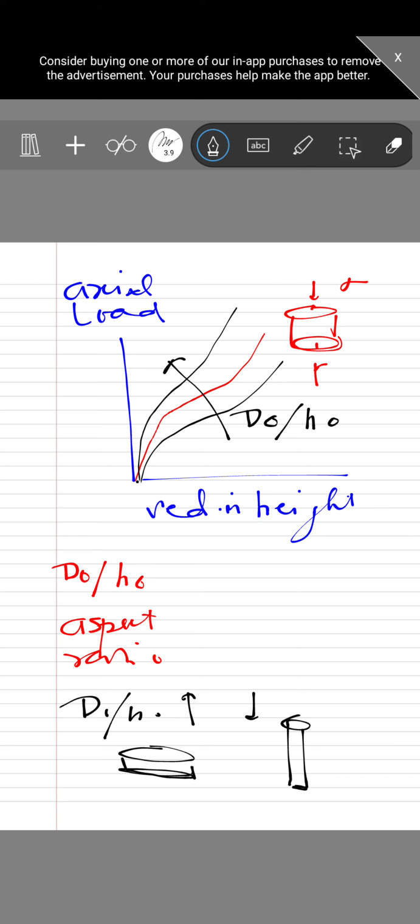So what we can say is that the flatter the sample, the more axial load is required to cause reduction in height. This is because you are getting less free flow area, and more area is clamped with the surface, with the holding regions. That is why a higher axial load is required.